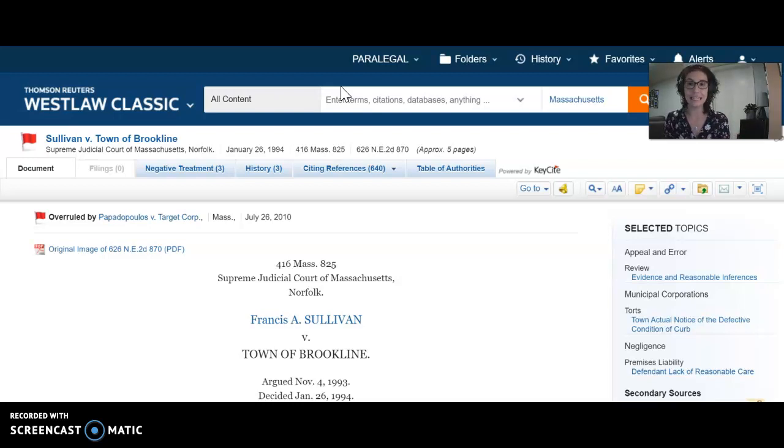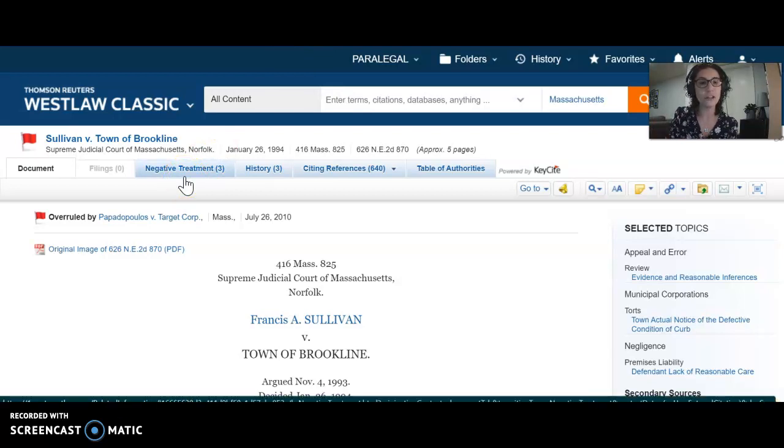Sullivan is a 1994 decision. So what we're asking ourselves by looking at this red flag is, what happened to this legal topic, this subject matter, since 1994? Something changed. Now, we don't know what that something is until we read Sullivan, and we have to look at the negative treatment.